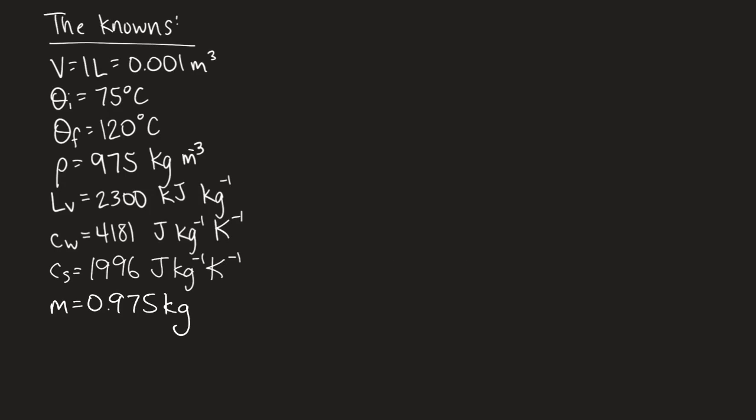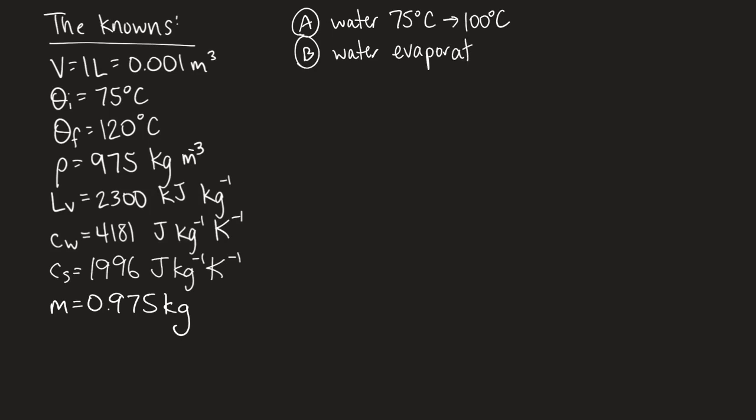Right, so now we need to make ourselves a little list. The first thing that happens is that water goes from 75 degrees Celsius to 100 degrees Celsius. And then the water evaporates or boils. We can say boils at this stage because it is at the boiling point.